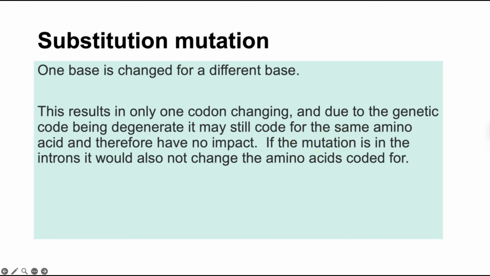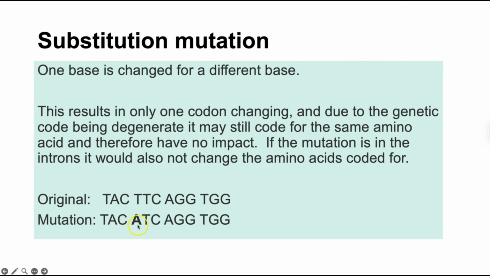If the mutation happens in the introns within a gene, which are the non-coding regions, again, it's not going to change the amino acids that it codes for. So here you can see an example. We've just changed the thymine nucleotide into an adenine nucleotide.